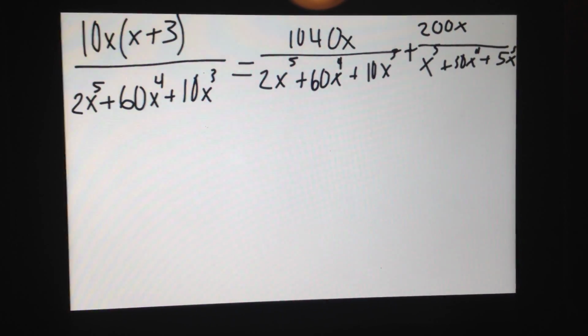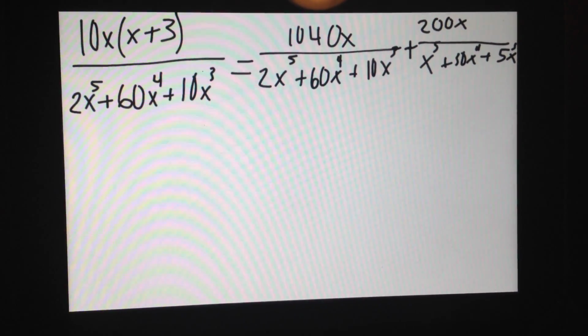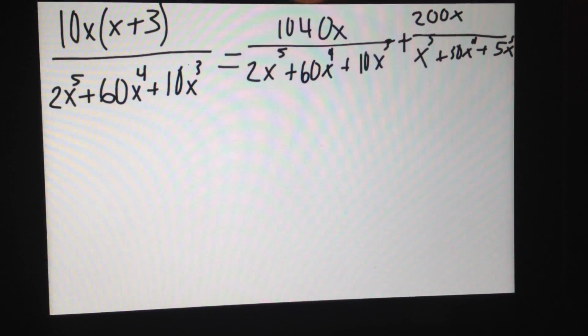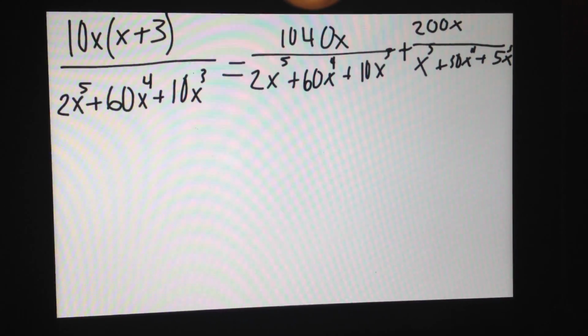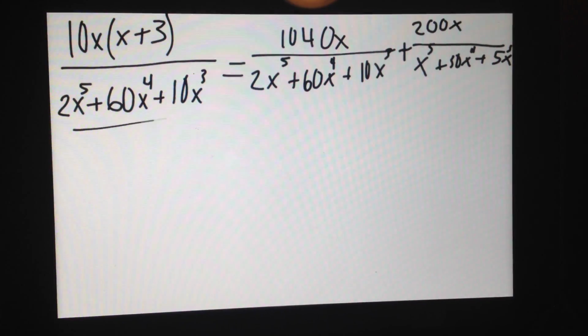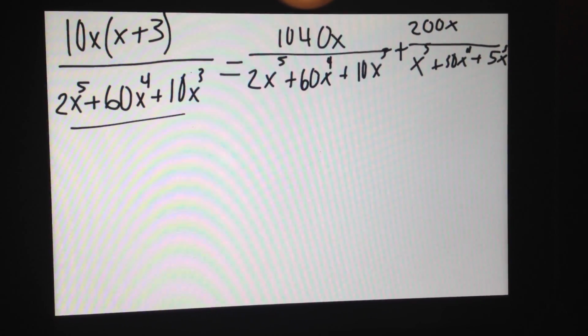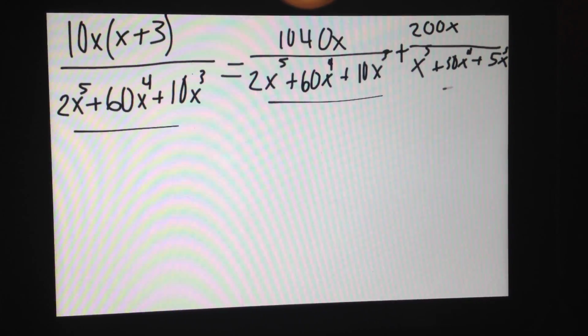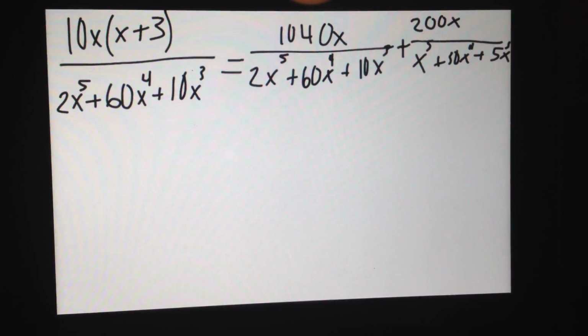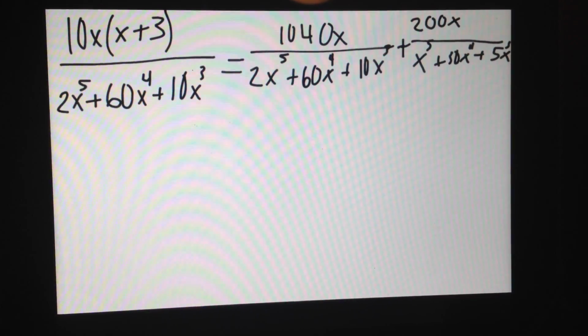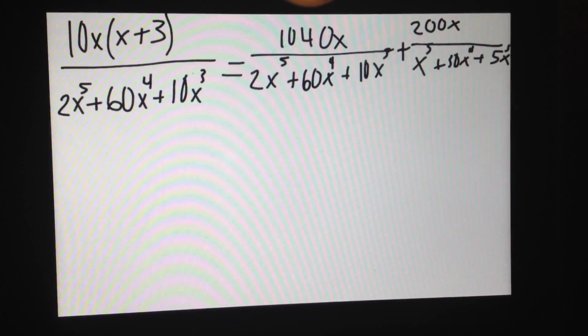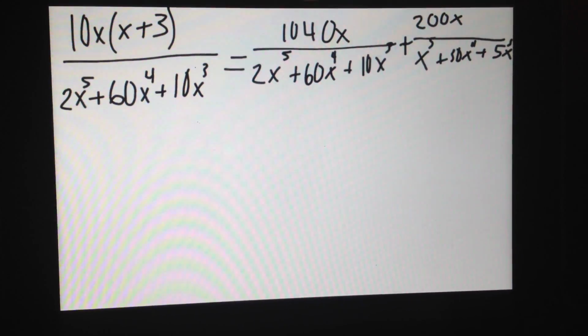So the first thing you have to do when solving rational equations is find the greatest common factor for all of the bottom numbers, not just the ones on each side of the equal sign, but all of them. So first thing that I want to do is start to factor.